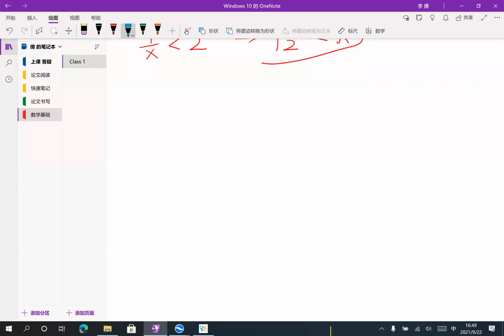Okay, let's see the first one: the absolute value of 2x plus 7 is smaller than 1, right?